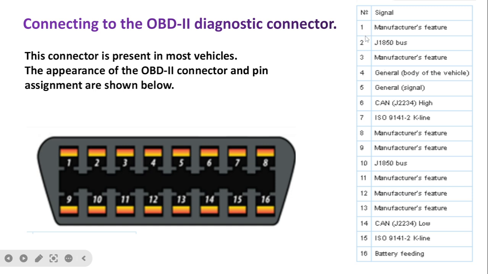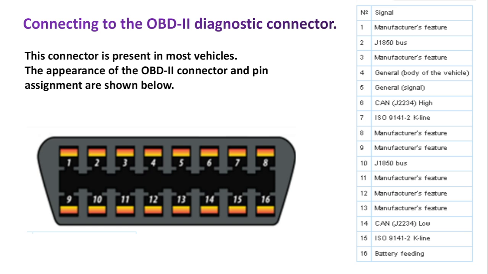Pin one is for manufacturer features, meaning it will be used for the manufacturer's purpose, but the second pin is for the J1850 bus, the third pin is for any feature we can connect, the fourth pin is for the general body of the vehicle, and the fifth pin is for the general signal. And here the CAN cable has only two signals, high and low.